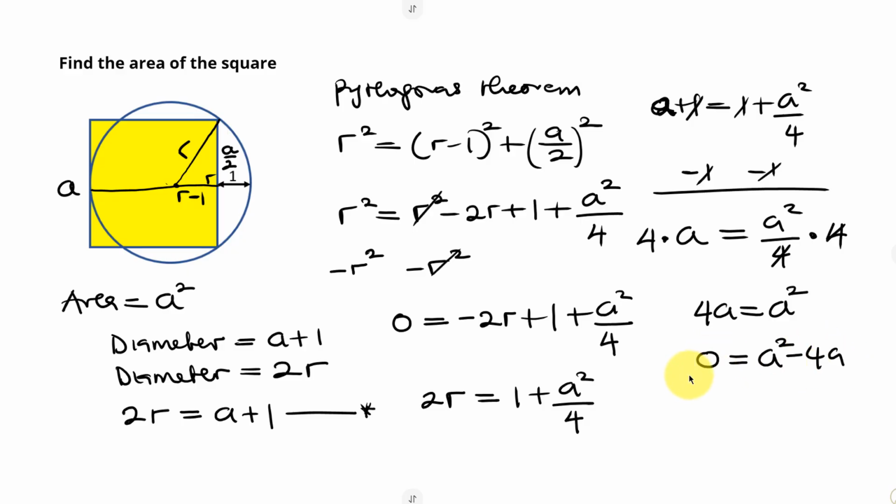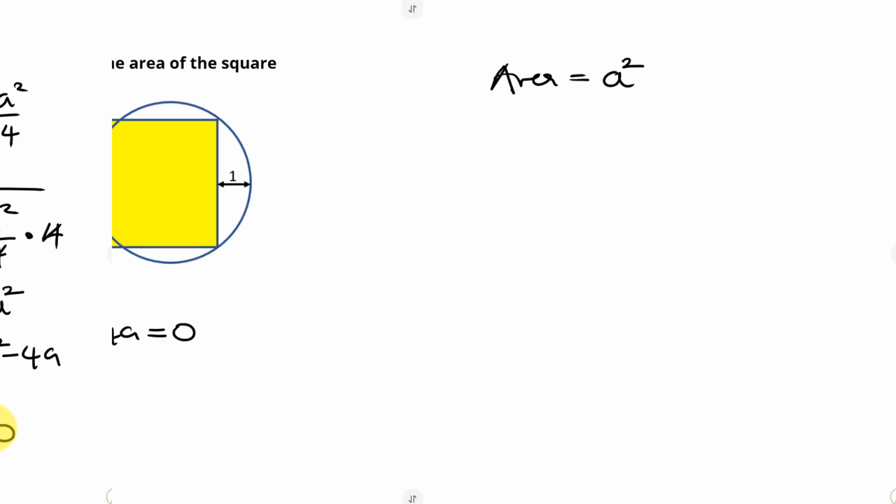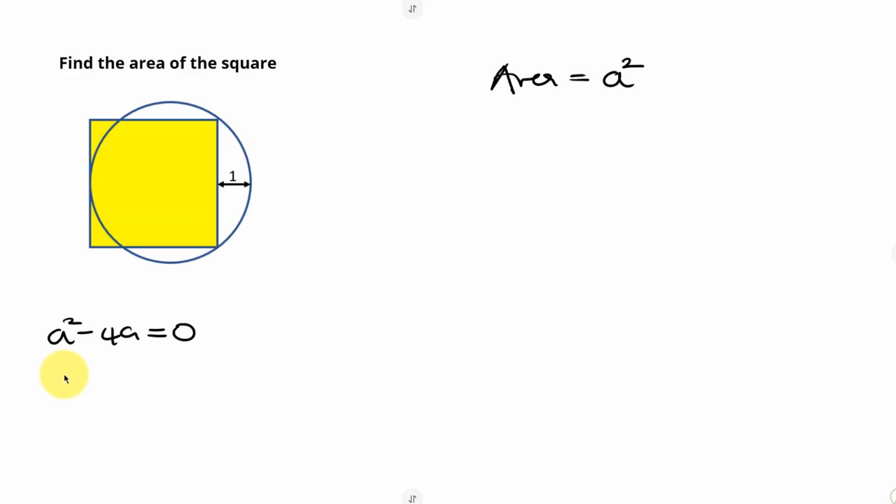So this is equal to 0. Good. Now we can write this properly as A squared minus 4A equal to 0. And now we can factor out A since A is common. Now open bracket. A squared divided by A is A, minus 4A divided by A is 4. And this is equal to 0.